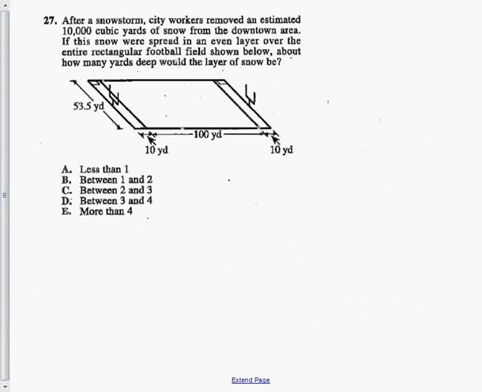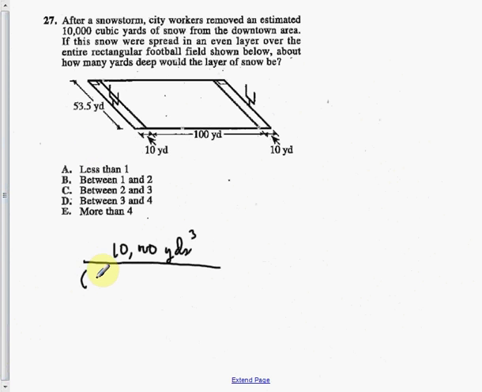So let's see what they're saying. So you're going to take this 10,000 cubic yards divided by this area. So I have volume divided by area just gives me one dimension. It just gives me this surface that we're looking for if I spread that snow out on one level.